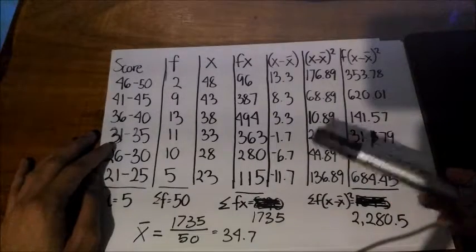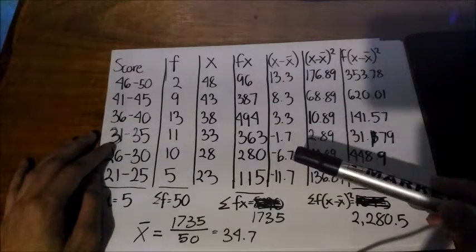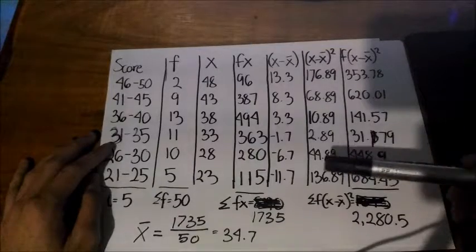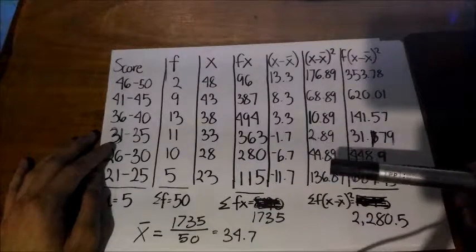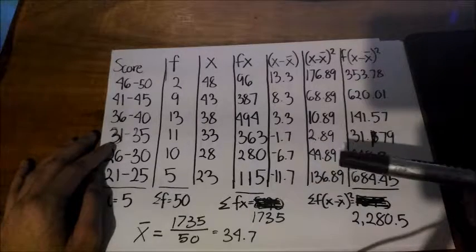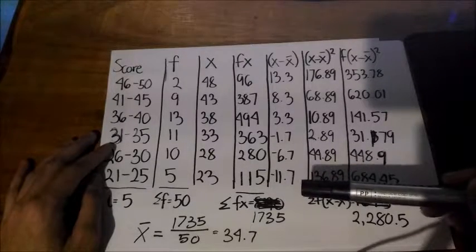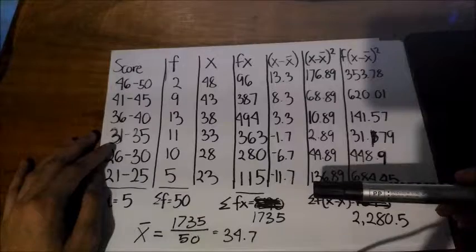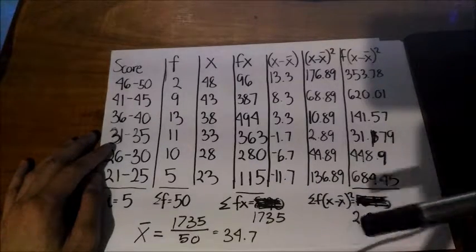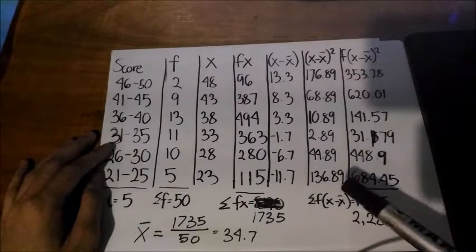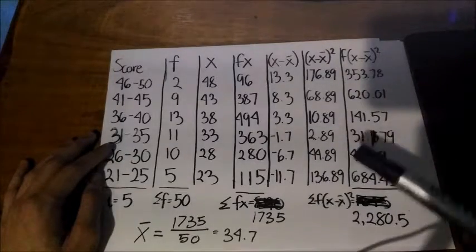Negative 1.7 times negative 1.7 is 2.89. 6.7 times 6.7 is 44.89. Negative 11.7 times negative 11.7 is 136.89.